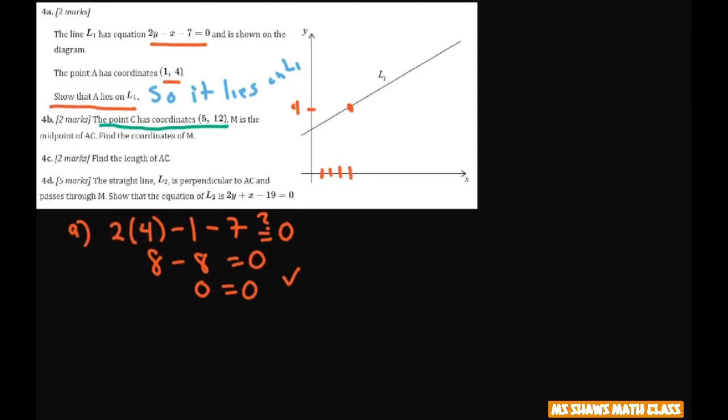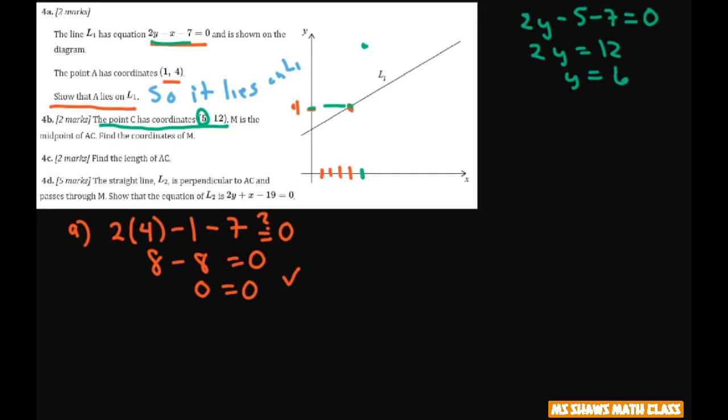The point C has coordinates (5, 12). So this would be 5, and we're not sure where the 12 is. This is 4 here, 12 is probably up here somewhere. So let's plug 5 into this equation and see what happens. You get 2y minus 5 minus 7 equals 0, so 2y equals 12, so y would be 6.